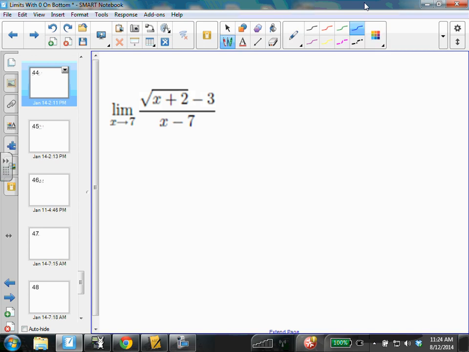All right, so the first thing that I need to do is I'm going to multiply by the conjugate. In this case, it is the square root of x plus 2 plus 3.